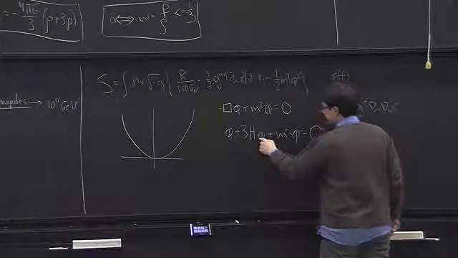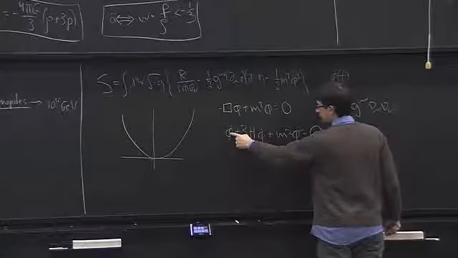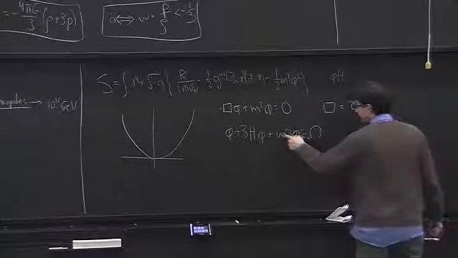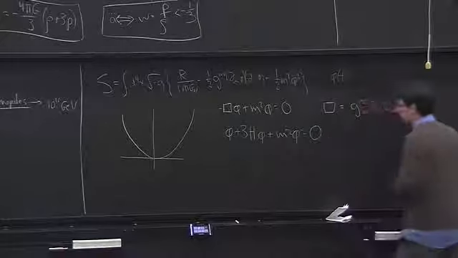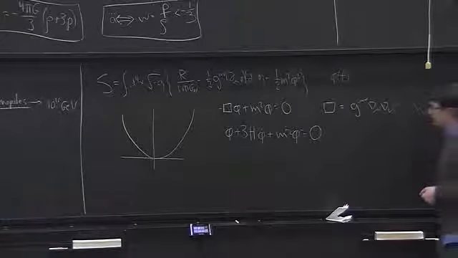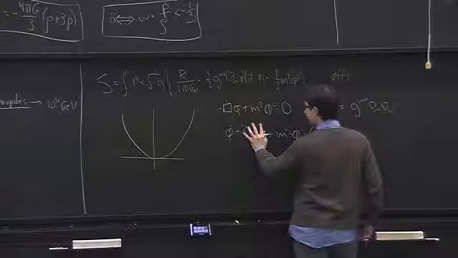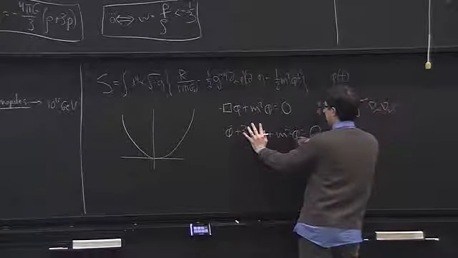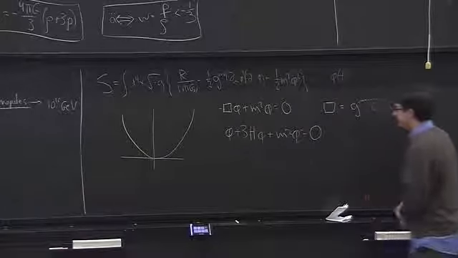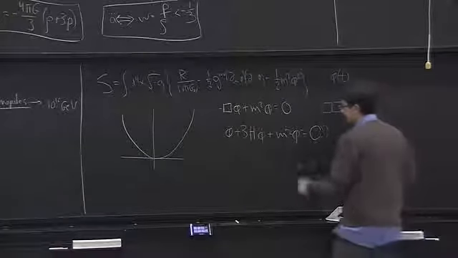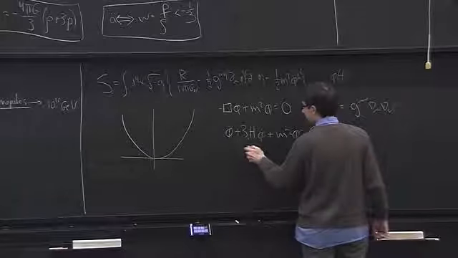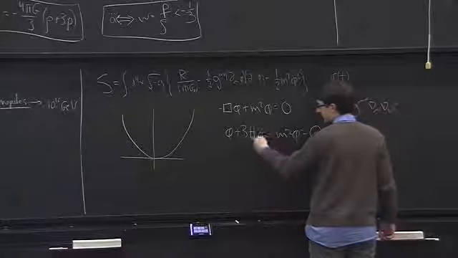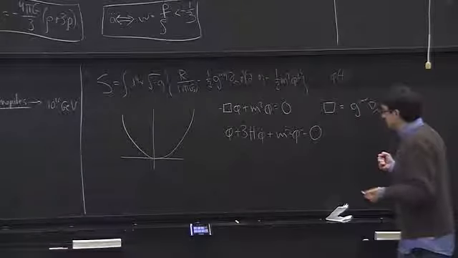If phi double dot is the acceleration of phi and m squared phi is the restoring force of a spring, we can think of this as x double dot plus k x is equal to 0, the equation of motion for a particle on a spring in classical mechanics. This term, some positive coefficient times x dot, in other words, times the velocity, is just an ordinary friction force.